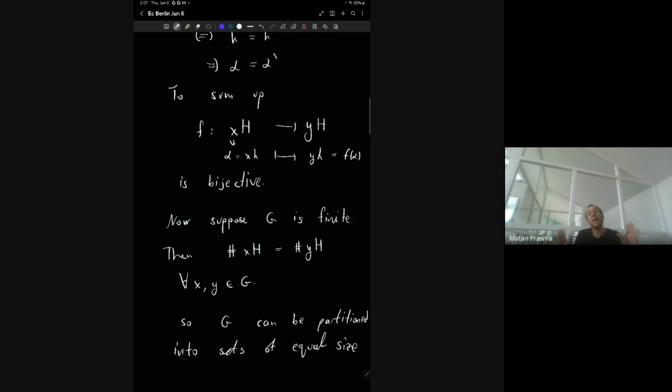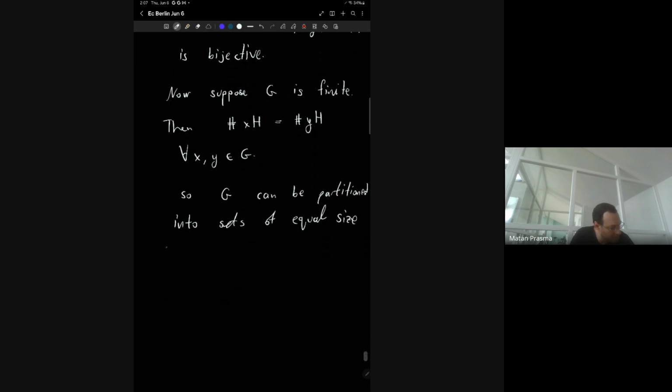How many of them? I don't know, because there is a repetition. I have a condition to pin down when a repetition happens, but I don't know exactly how to count how many repetitions. But either way, I get a famous theorem by Lagrange.